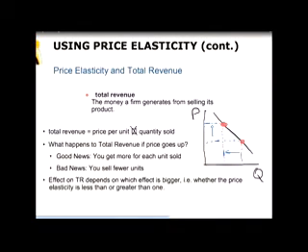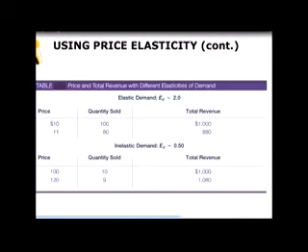So what's the impact on total revenue? The effect on total revenue depends on which is bigger. Does the price go up more, or does the quantity go down more? And it all depends on whether elasticity is greater or less than 1. Suppose the elasticity of demand is 2.0, so we have an elastic demand. Well, in this example, when the price goes from 10 to 11, you've had an increase in price of 10%.